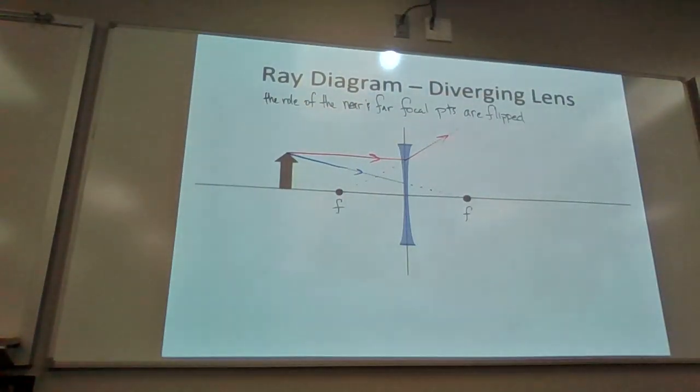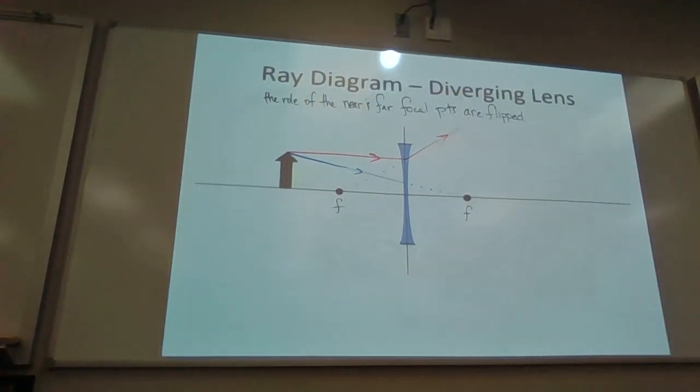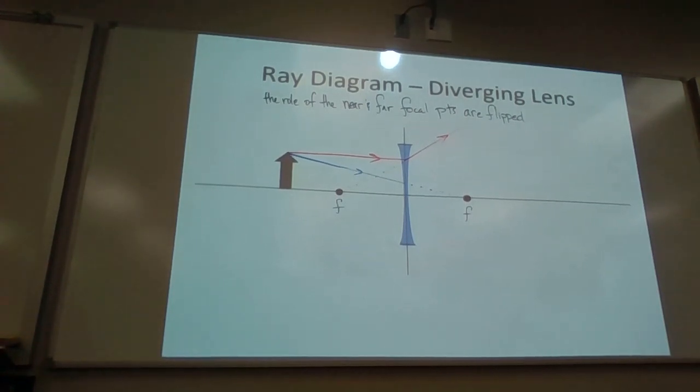So it's going through the far focal point. And then it's going to refract how? Parallel.